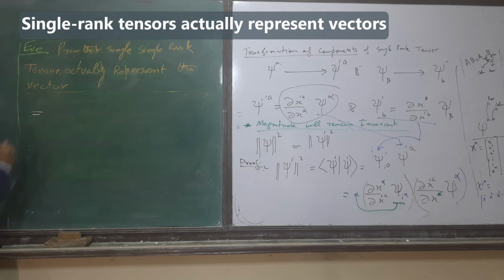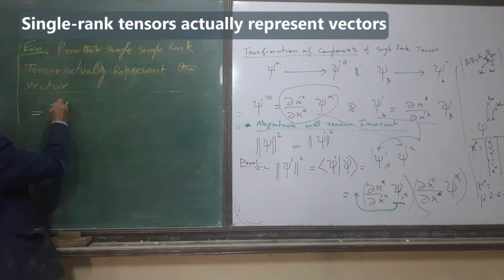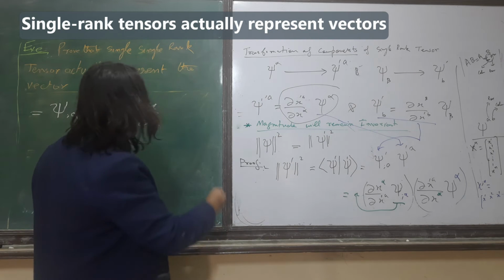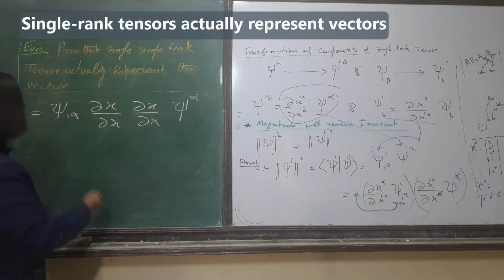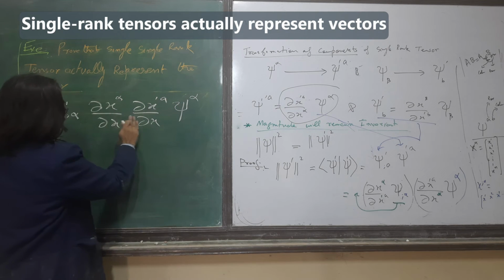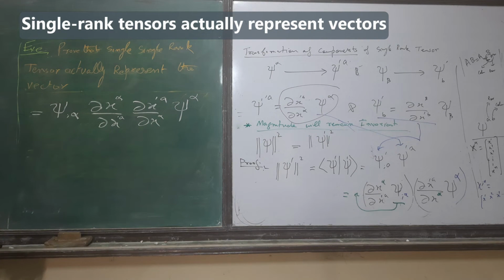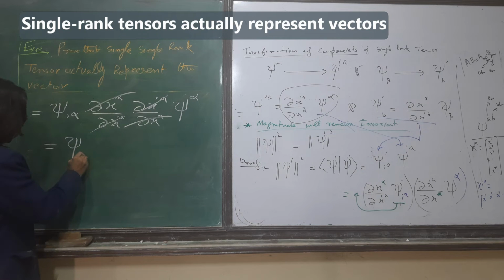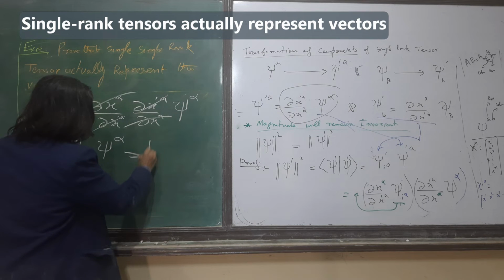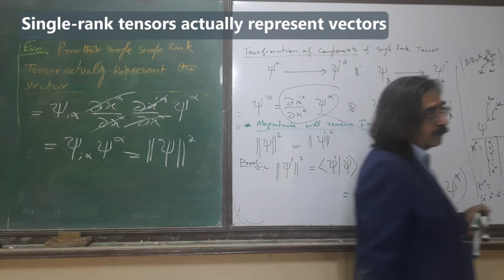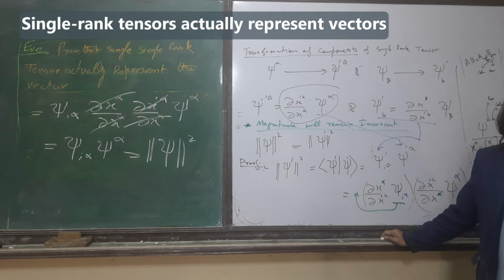So psi semicolon alpha times psi alpha. This will be alpha prime A prime A prime A. This A will be cancelled with this, this alpha will be cancelled with this, and this will be A. So it's proved that the length of the single rank tensor will be invariant.